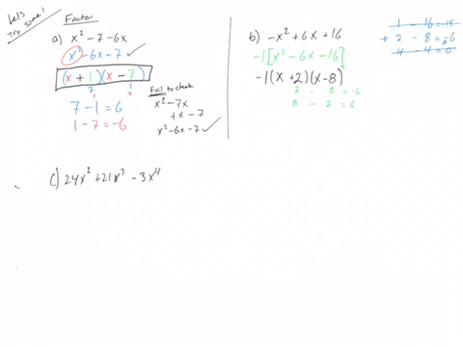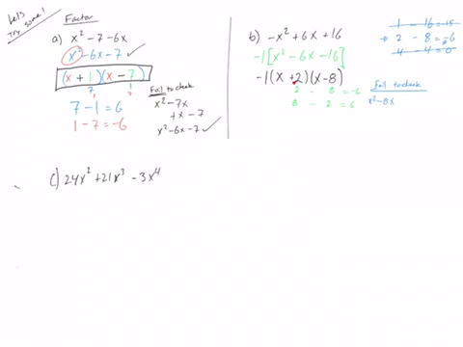So let's just FOIL this real quick. FOIL to check, so you can know that you got 100%, at least on this part of the homework, because you're going to check that. So let's FOIL these. I have x times x, which is going to give me x squared. Then I have x times negative 8, which gives me negative 8x.